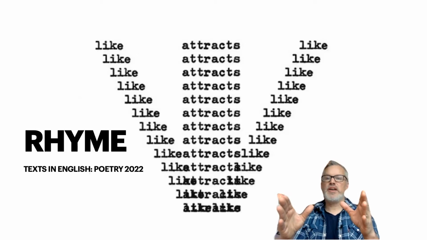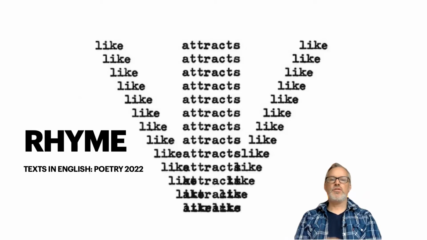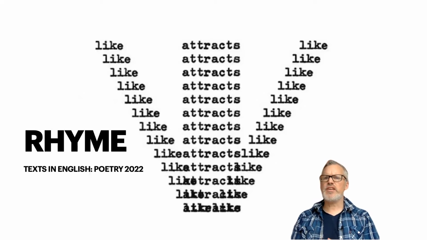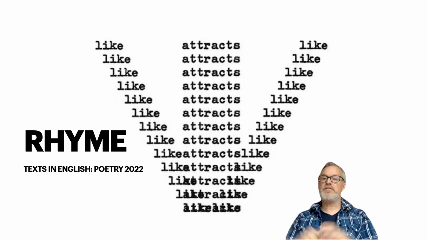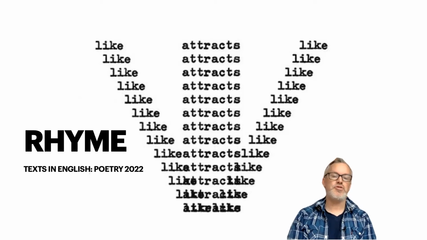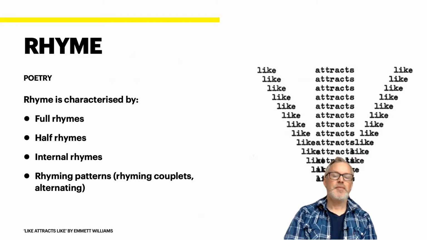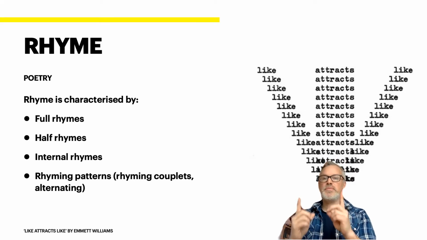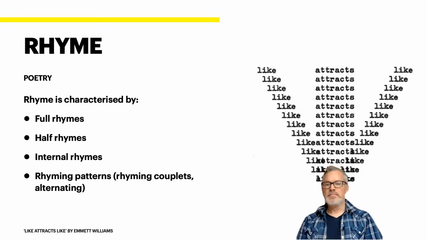But in this bite-sized section, we're going to start off and look at rhyme, something that we traditionally think of when we think of strict verse or conventional poetry. I'm not going to ignore Like Attracts Like by Emmett Williams up there above me.